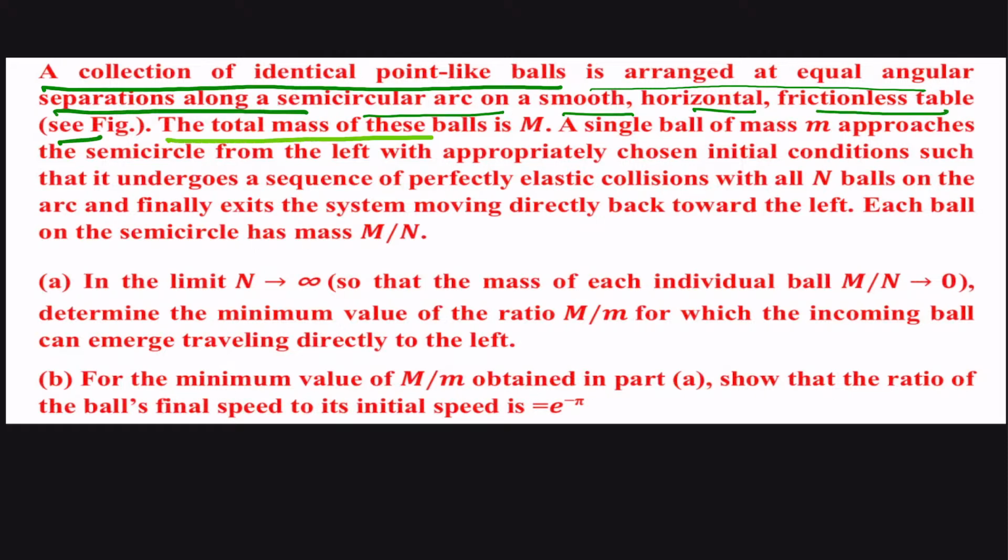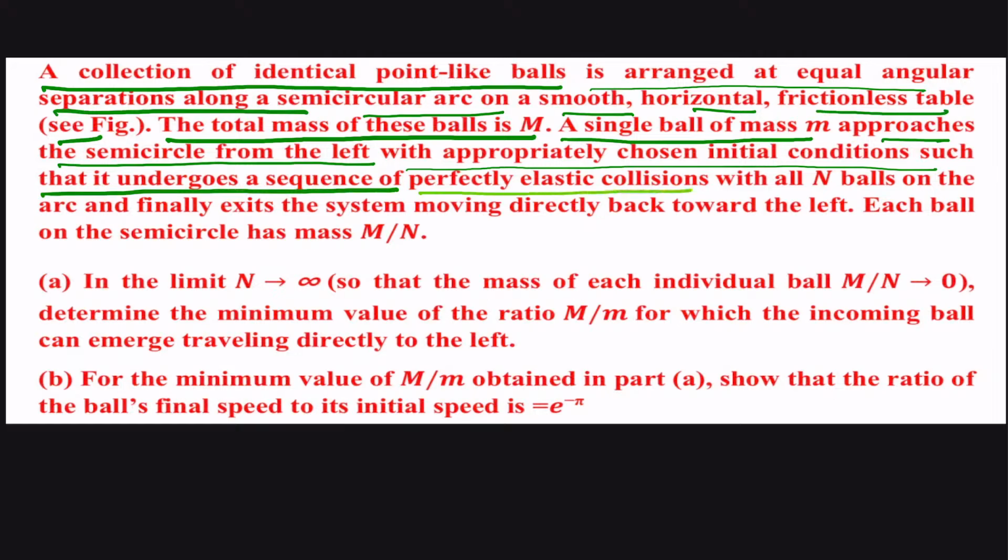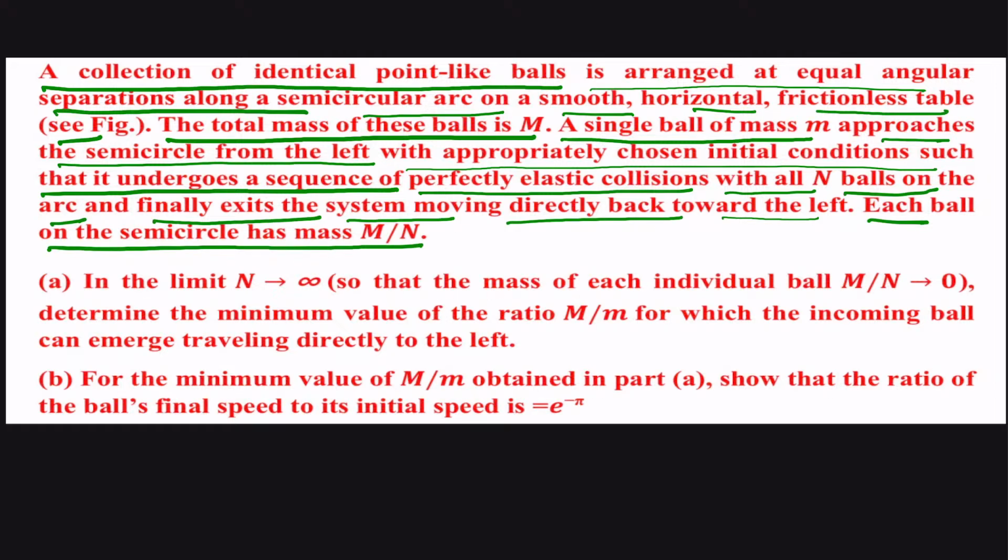The total mass of these balls is capital M. A single ball of mass m approaches the semicircle from the left with appropriately chosen initial conditions such that it undergoes a sequence of perfectly elastic collisions with all n balls on the arc and finally exits the system moving directly backward to the left. Each ball in the semicircle has a mass M upon n.